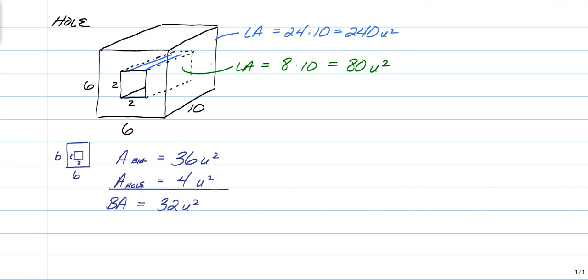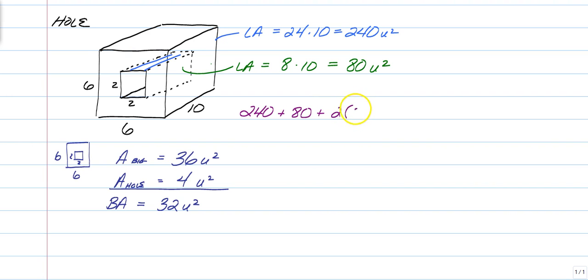And since we had to paint the outside and we had to paint the inside, we're actually going to add those together. So to paint this entire figure, what we would be doing is taking our 240 for the lateral area of the outside, plus 80 for the lateral area of the hole on the inside, plus 2 bases. Remember, there are 2 bases, a front and a back.